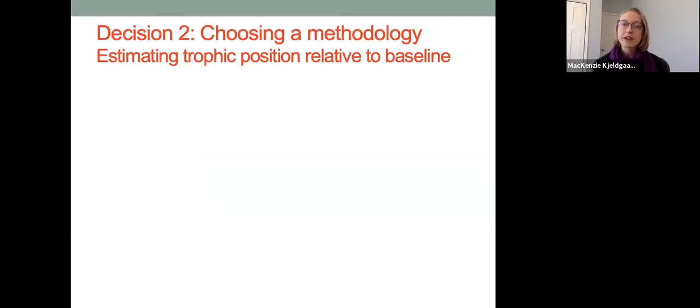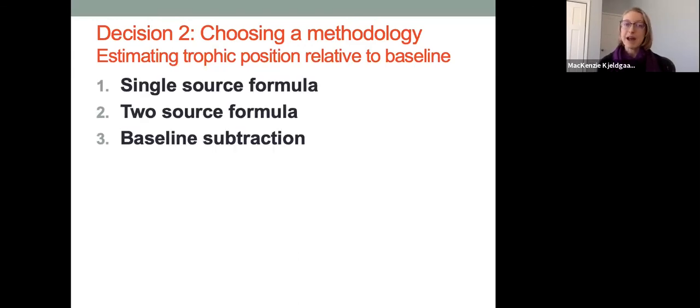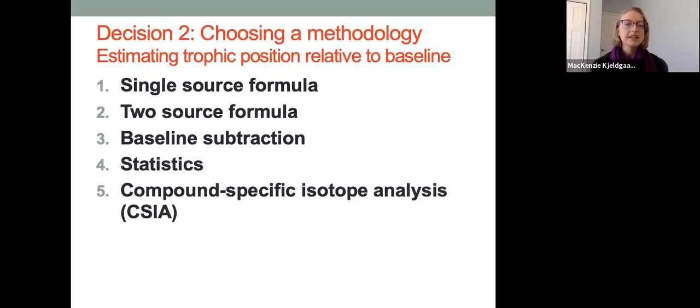The next decision for ecologists using this technique is to estimate trophic position relative to that baseline material. Once again, when we look in the literature, we see that authors are employing a variety of methodologies to estimate trophic position. That can range from different mathematical formulas to statistical analyses, to compound-specific isotope analysis, which is essentially another technique that measures the isotope values of specific amino acids in the tissues of consumers.